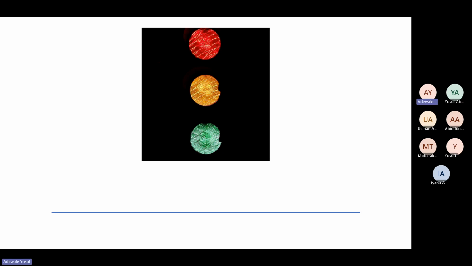You should get ready. Whether get ready to stop or get ready to go, right? And when you see green, that means you should go, right? So this is also one-way communication. No matter where you are driving, it's the same.